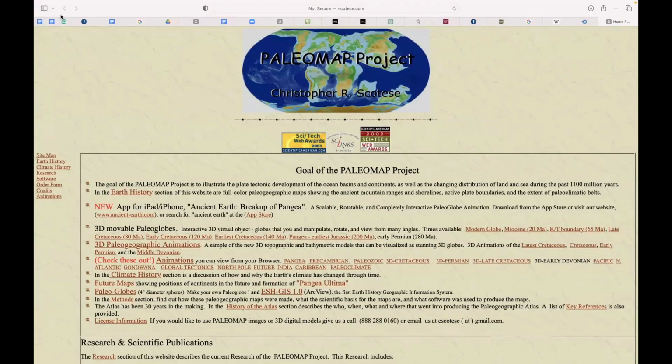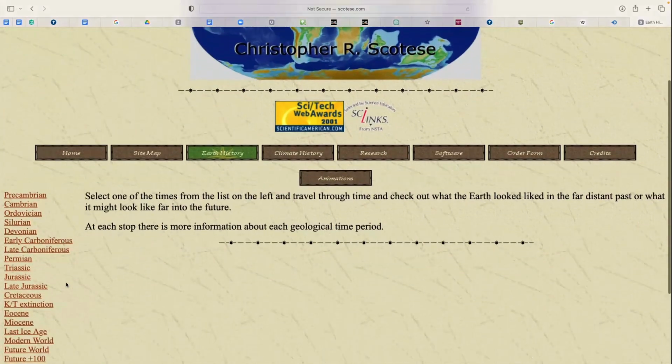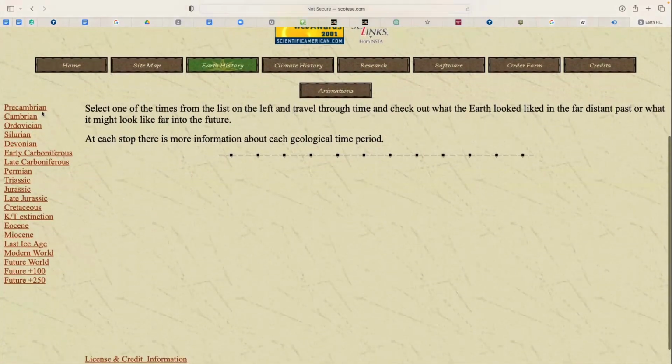First of all, if you've been here before, raise your hand if you've ever seen this. Notice here on the left side, you can see the different periods of Earth history. So Precambrian, Cambrian, Ordovician, Silurian, etc., all the way down into the epochs of the modern day.